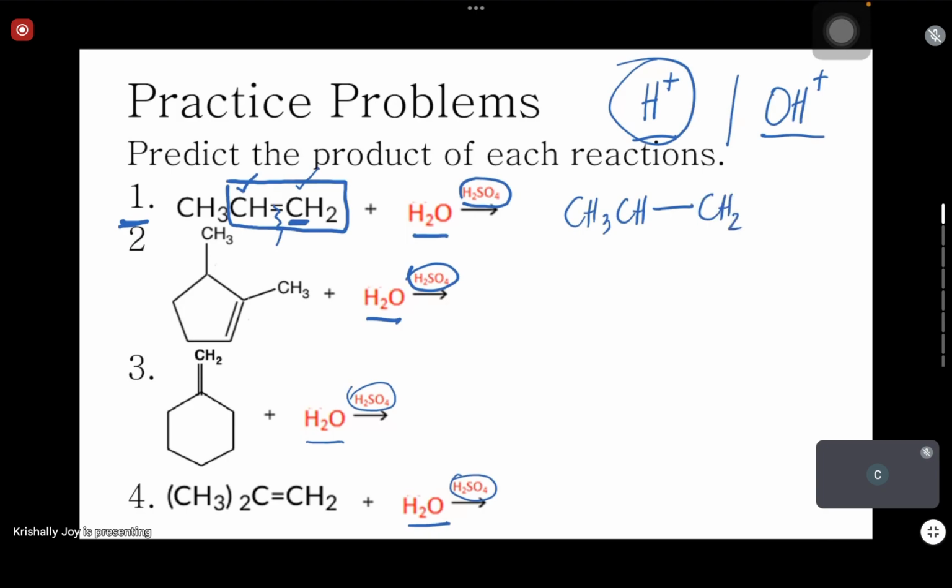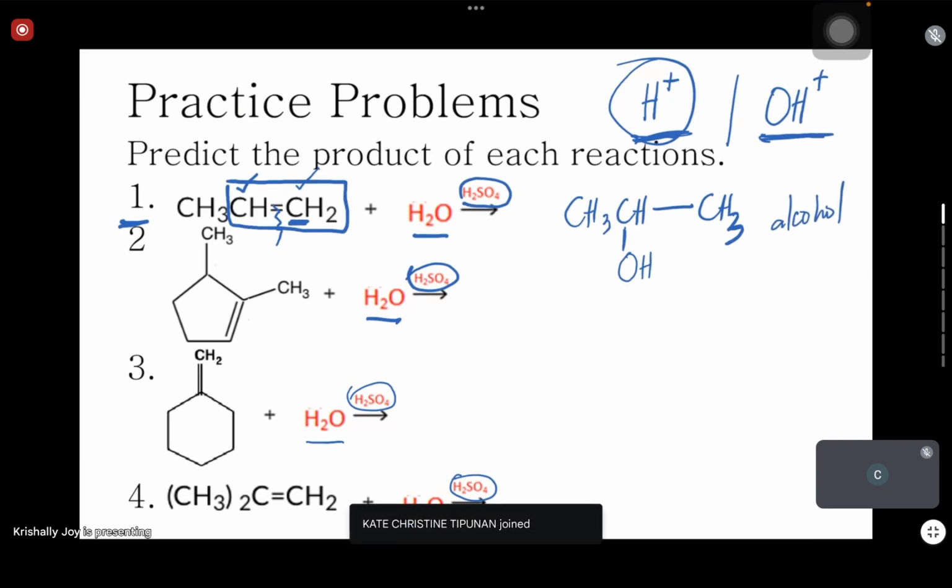After we break the pi bond, we can now add the incoming electrophile. That would be an H and an OH. So, diri na to i-add sa right side na carbon yung hydrogen. And then sa kabila naman, dito yung OH. So, that will form an alcohol because of the presence of an OH.